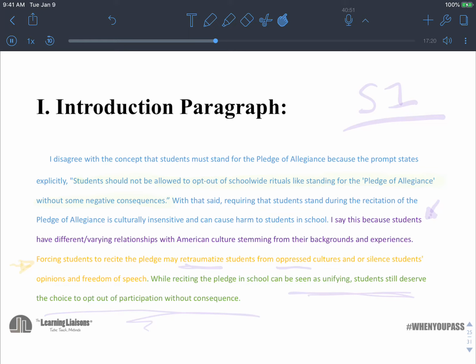It doesn't necessarily have to be in the introduction paragraph, but here you can see that the overarching idea, the position, is very clear. It doesn't say, I wish I could say that I agreed students should stand for the Pledge of Allegiance. That's not clear. This language that I used right here, I disagree.